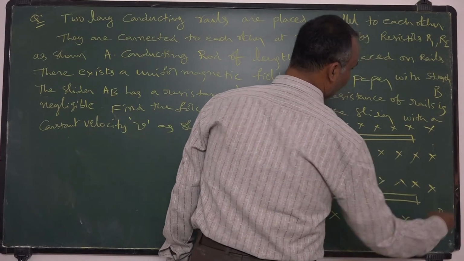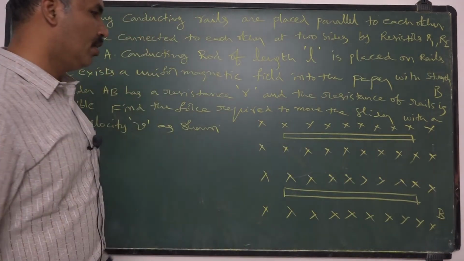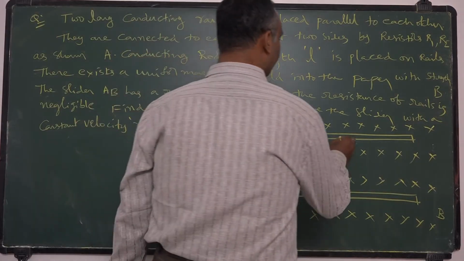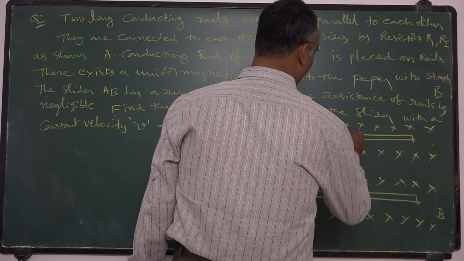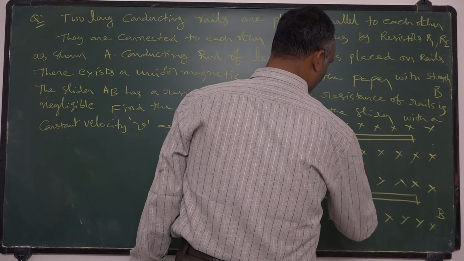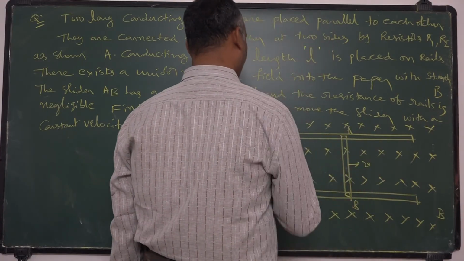This is the magnetic field B into the paper, and here is a slider. This is the slider rod named AB, moving with constant velocity V.